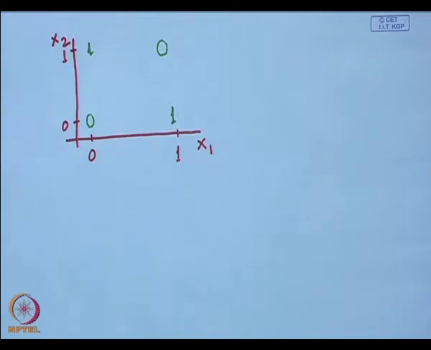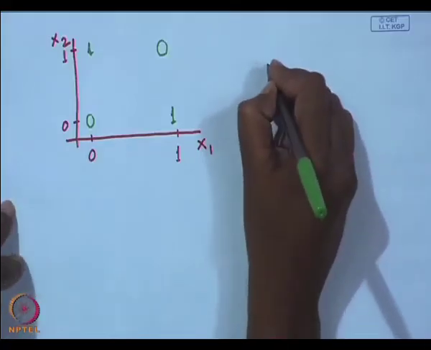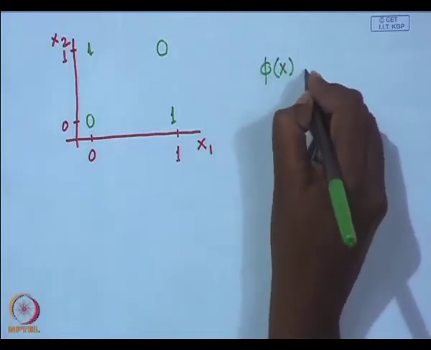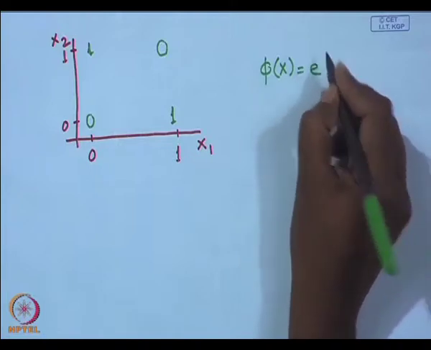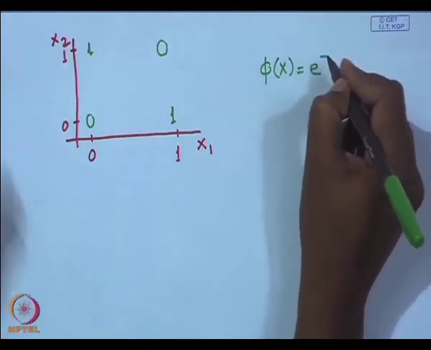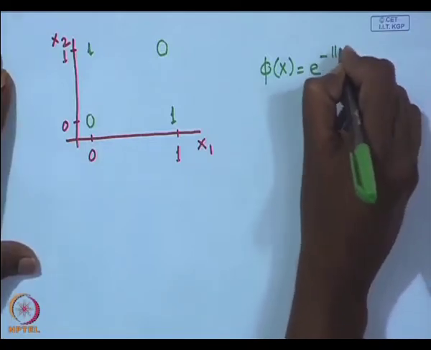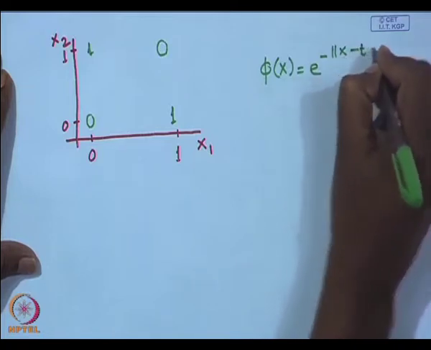What I will do is, I will use a radial basis function to nonlinearly transform these feature vectors into another space, and the radial basis function that I will use is a Gaussian basis function. So, the form of the radial basis function will be phi x, which will be given by e to the power minus x minus t square.